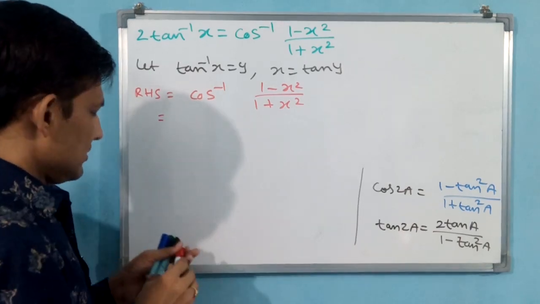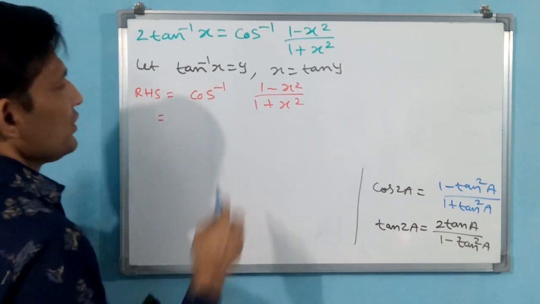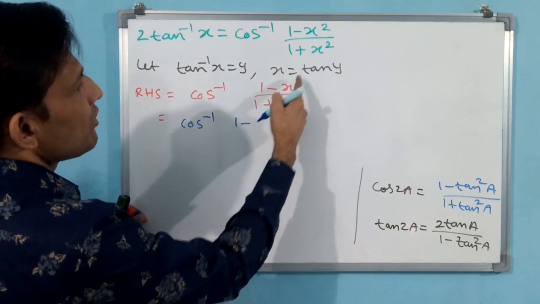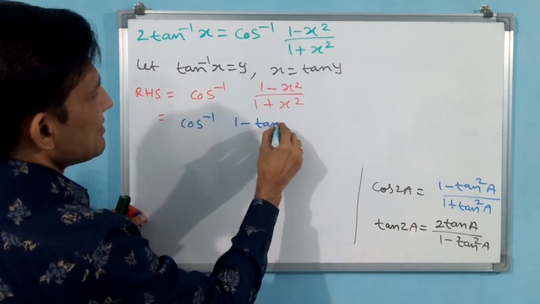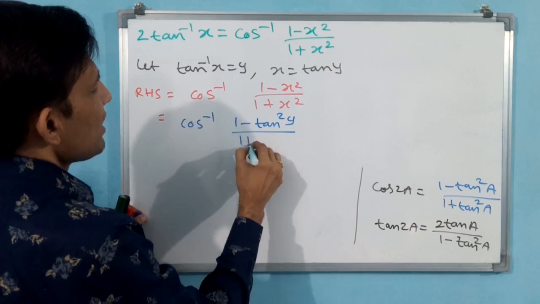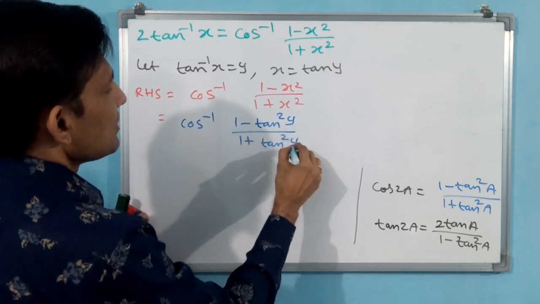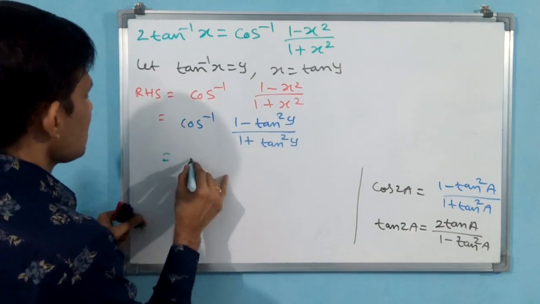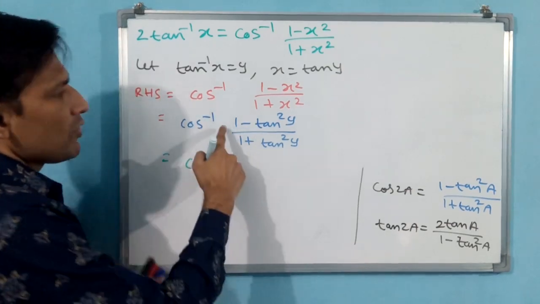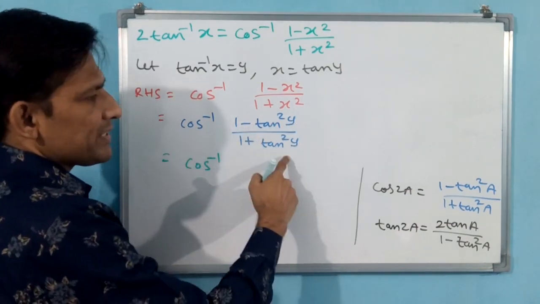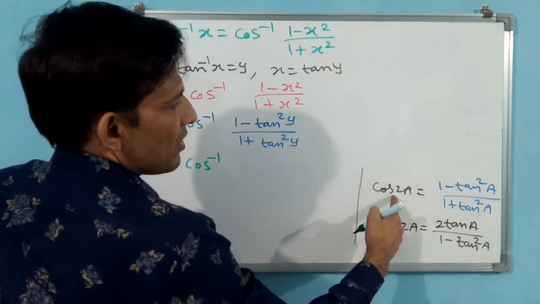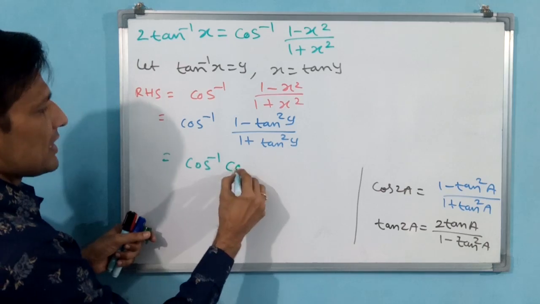That is equal to, cos inverse the same I am writing, but 1 minus x square means 1 minus tan square y by 1 plus tan square y. Now if you observe, 1 minus tan square a by 1 plus tan square a is cos 2a, so here cos 2y.